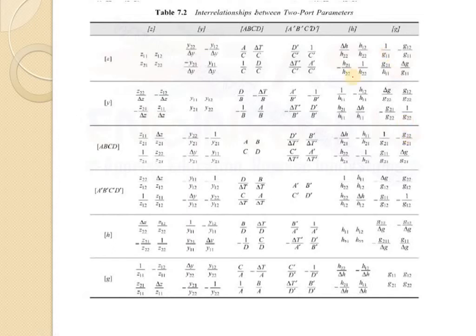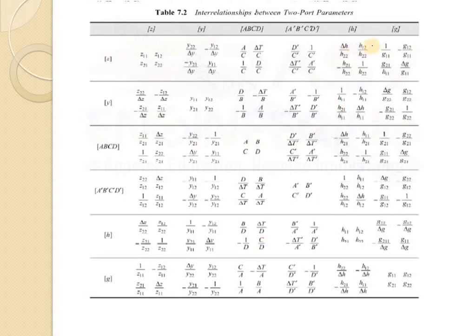Here, this is the relationship of Z parameters with Y parameter, with ABCD parameter, with H parameter. This is Y parameter with Z parameter relation, Y parameter with ABCD parameter relation, Y parameter with H parameter relation. This is Z parameter with ABCD parameter relation, ABCD parameter and Y parameter relation, ABCD and H parameter relation.